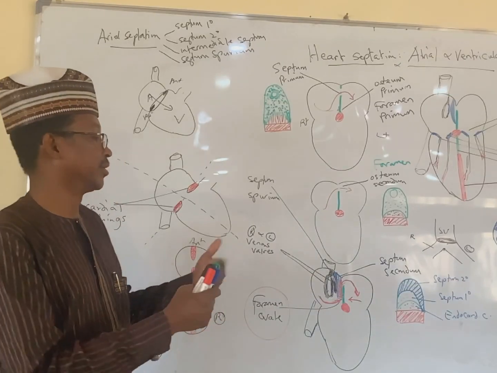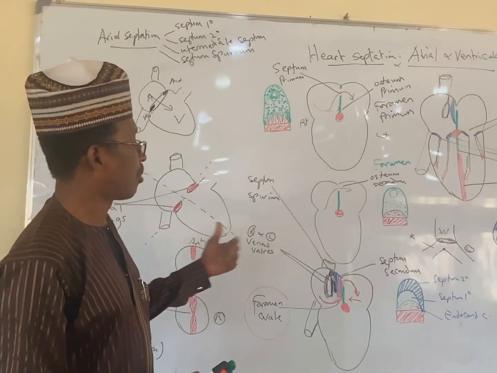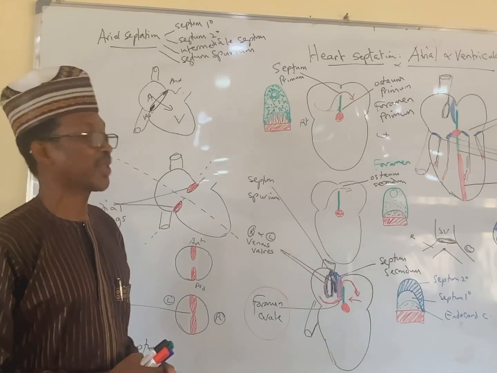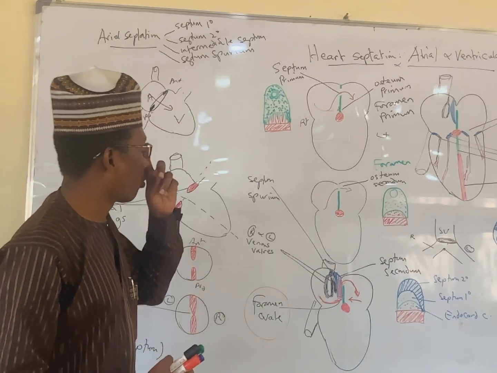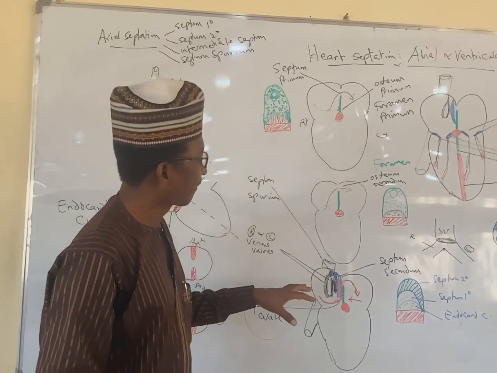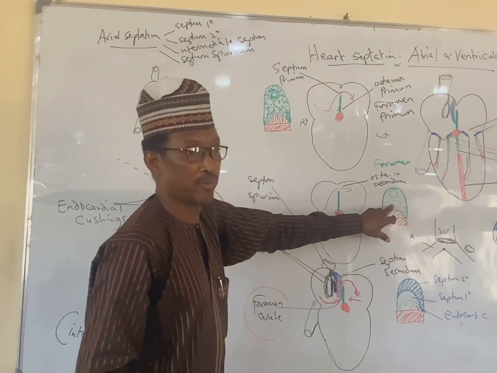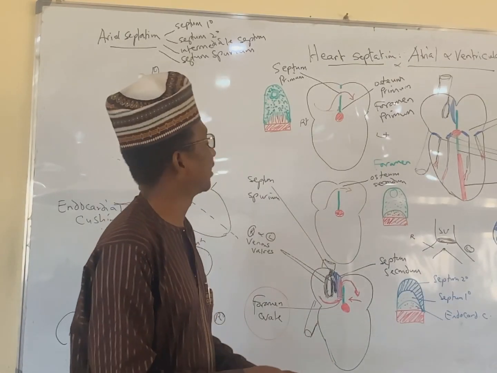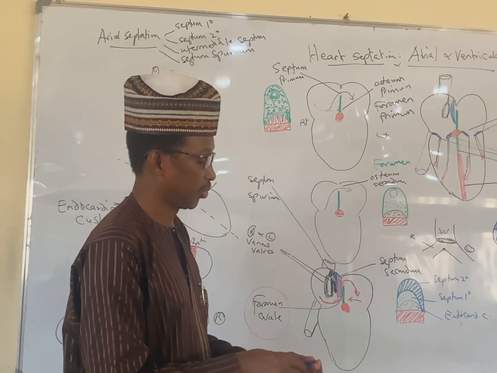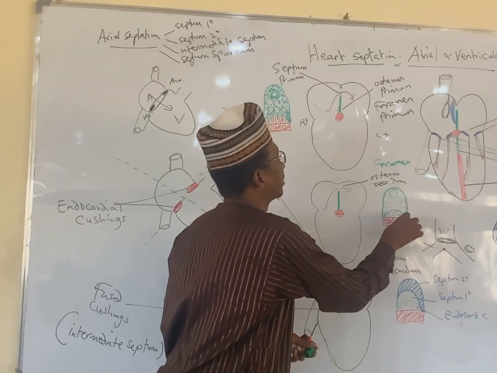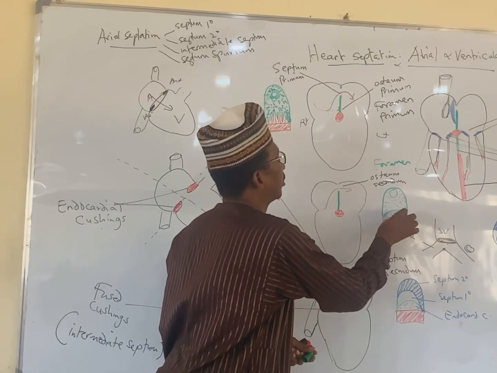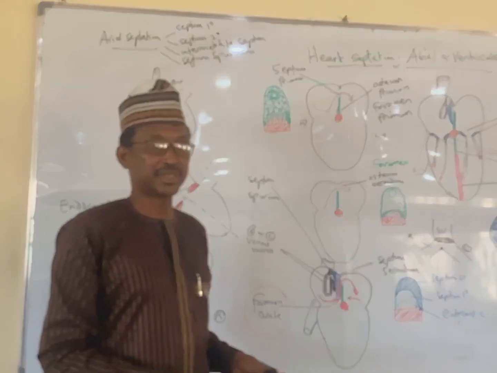So we have now seen the components of the interatrial septum. So what you should get to know is that the septum primum is crescenteric in shape. From this diagram you can see the way I try to draw it, the lower edge or the lower border is crescenteric.